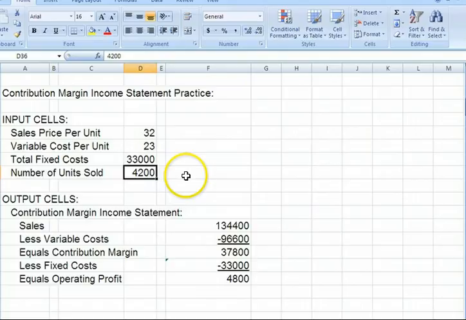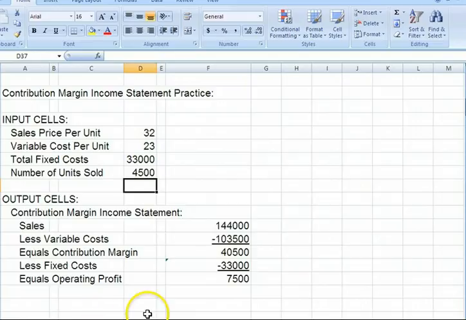If we anticipate increased demand for our units, and maybe we think the sales of units are going to go up to 4,500, I could change that input cell, and instead of about 38 and about 5,000 down here, I'd go up to a little over 40,000 and 7,500 down here.